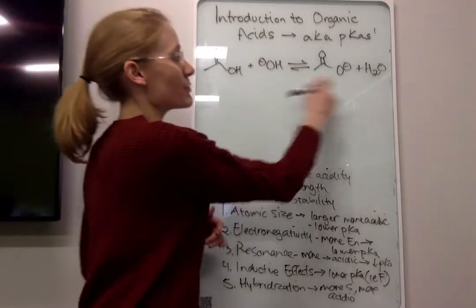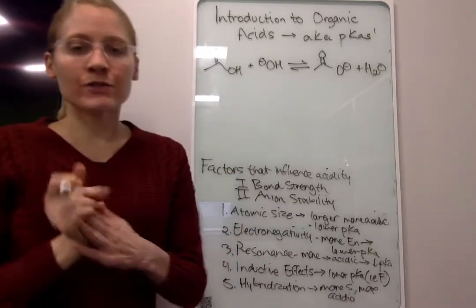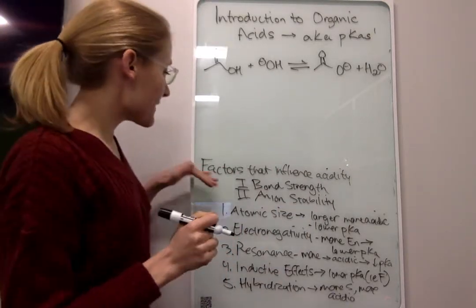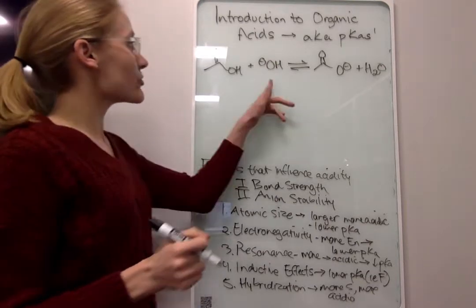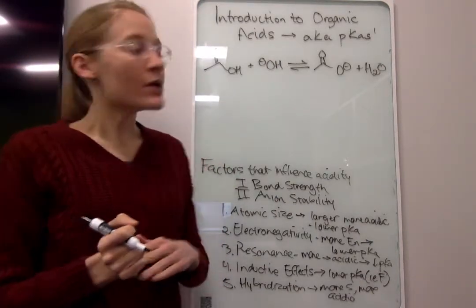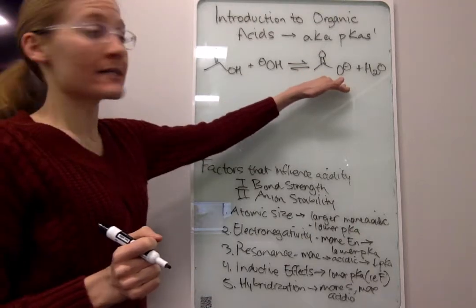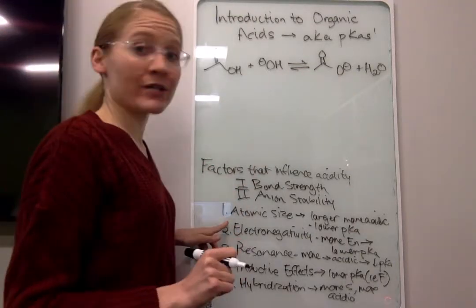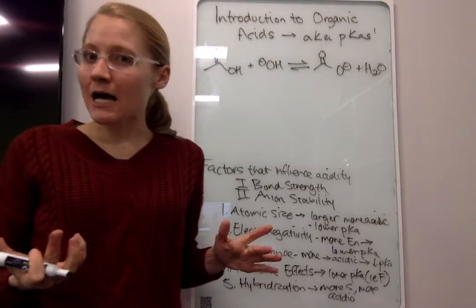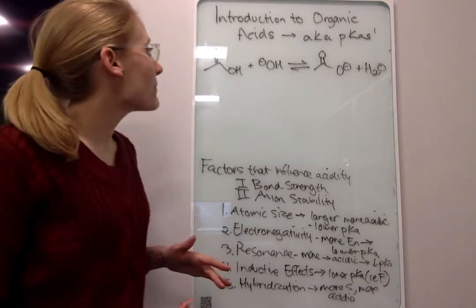we have two deprotonated species. What we can look at is if any of these factors are going to contribute to anion stability. In both of these, the anion is on oxygen, and that's a fairly electronegative element, but they're both tied since it's on oxygen in both of them.